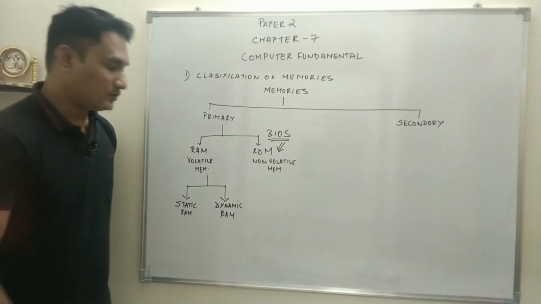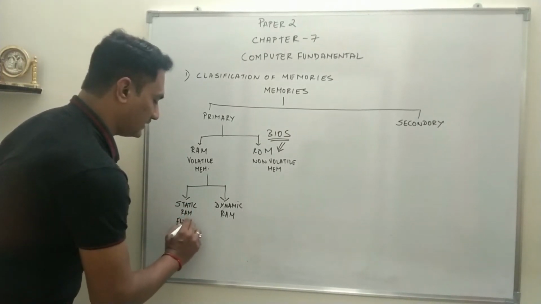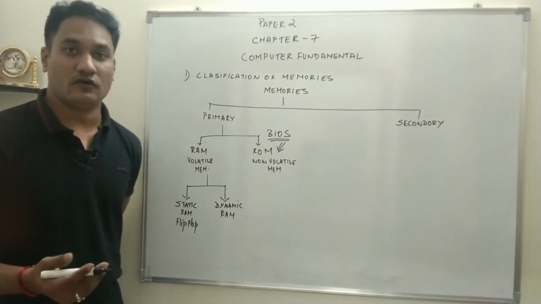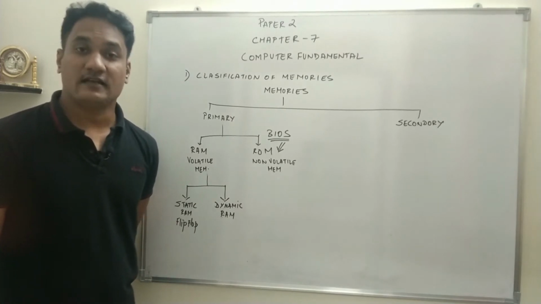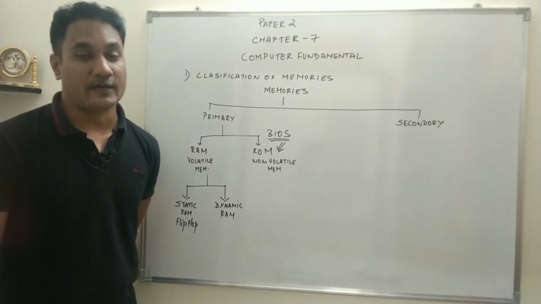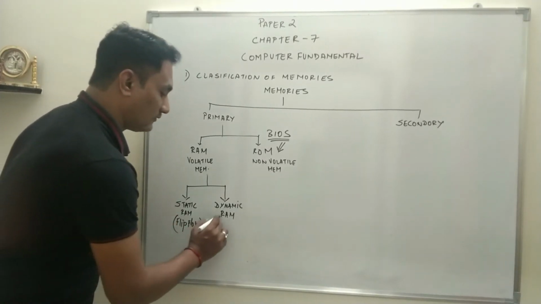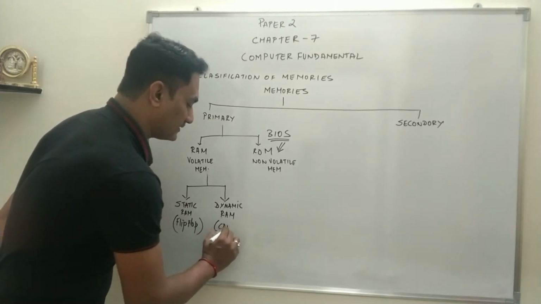Now static RAMs are designed using flip-flops. We have already studied flip-flops, and we can store the data as 0 and 1, and unless or until we change it, the data will remain as it is. So the static RAMs are designed using flip-flops. Dynamic RAMs are designed using capacitors.